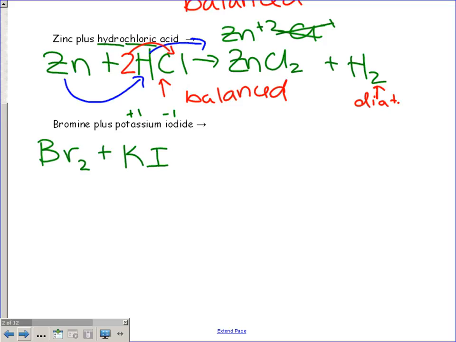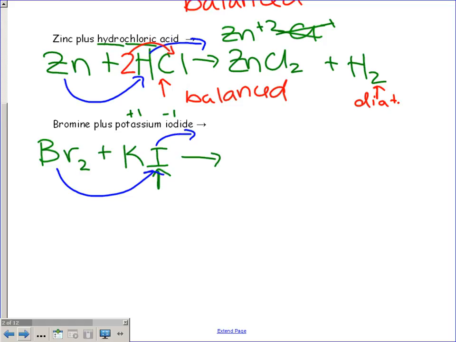So what we're looking at in this problem is, will bromine replace the iodine anion from potassium iodide? Is bromine above iodine? And it is. It is 1 step above iodine. So bromine is going to come in and kick out this iodine. It's going to bond with that potassium.